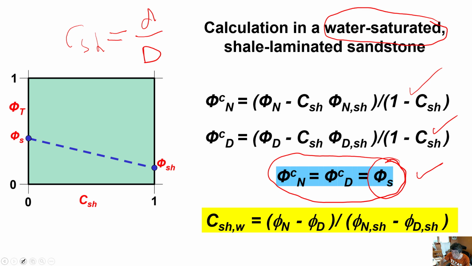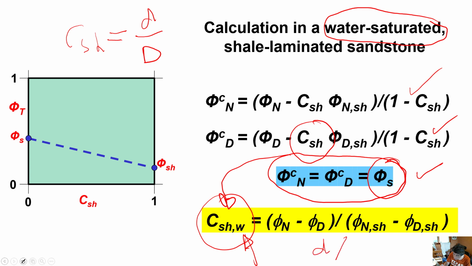So if you enforce that equation, take these two equations, equate them, and now you can solve for CSH. And that's what this formula does. You take the two equations, you equate them, and solve for CSH. I have included here a subscript to indicate that this only applies to water. And then you get this equation, which essentially is the equation that has lowercase d over uppercase d.